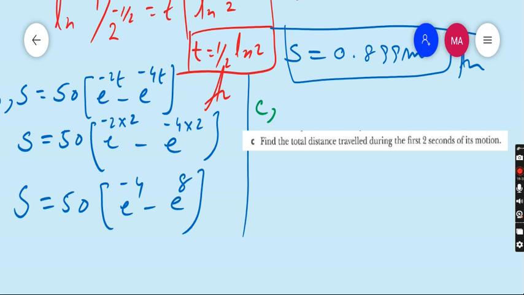Find the total distance traveled during the first 2 seconds of its motion. First 2 seconds. So how to find the distance, total distance, first 2 seconds? First we have to draw the diagram.